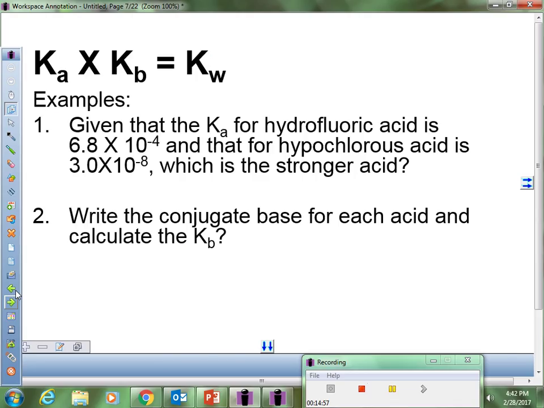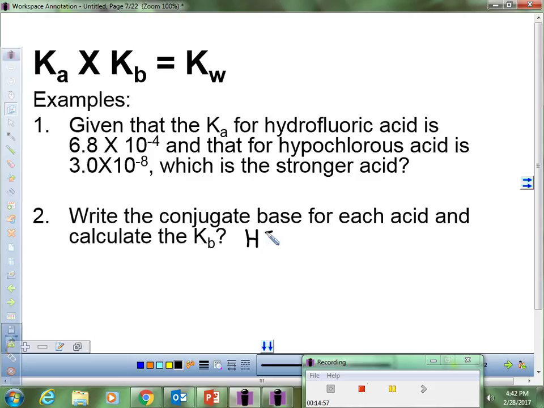So now when we go to the next one, we'll write the conjugate base for each acid and calculate the Kb. Well, this was our acid, so this would be its conjugate base, the fluoride ion. To calculate the Kb, I would take 1 times 10 to the negative 14th divided by the Ka for this one.